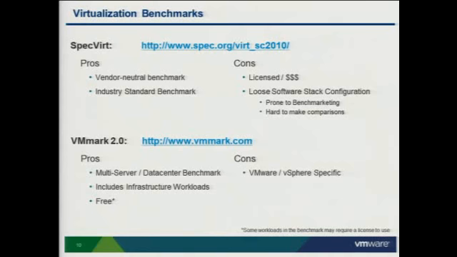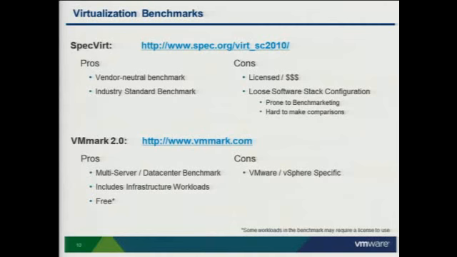Now, VMmark is our benchmarking tool for the virtualization environment. Nice things about it is the first multi-server data center benchmark. So in this benchmark, we actually have 2 ESXi hosts as part of the benchmark. SpecVirt only has a single server. Now, it includes the infrastructure workloads. So all these nice little infrastructure workloads are already pre-built into the test harness.